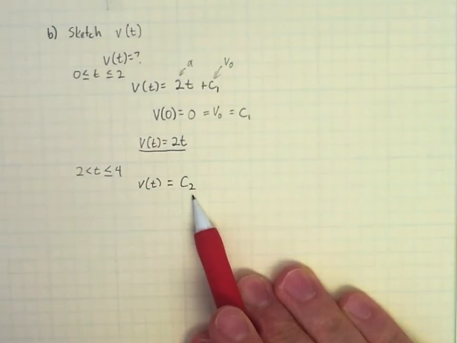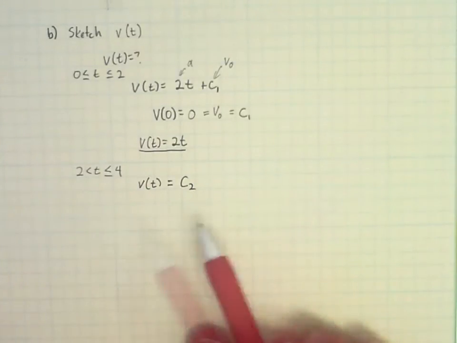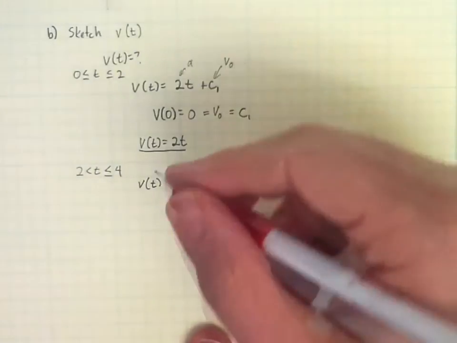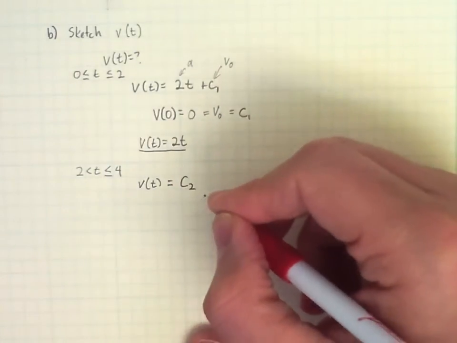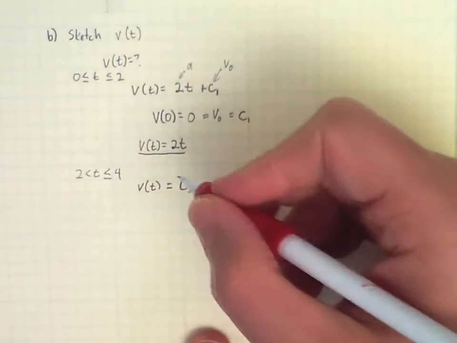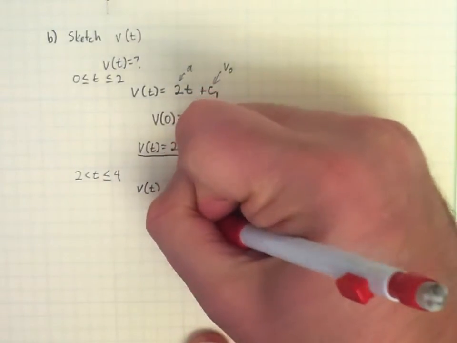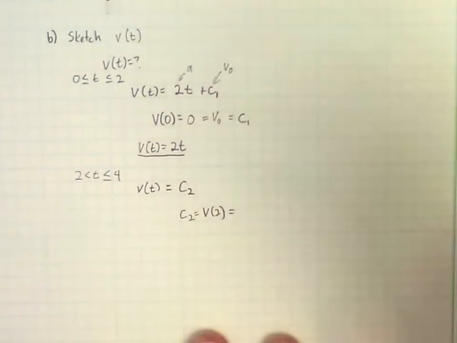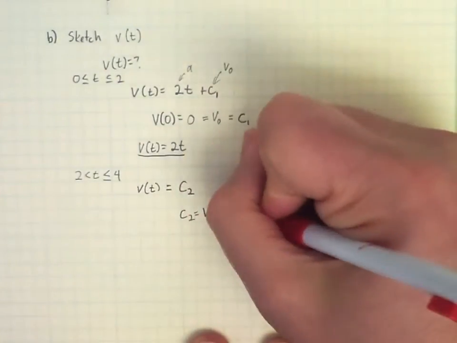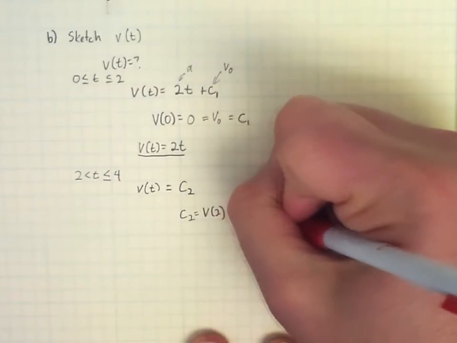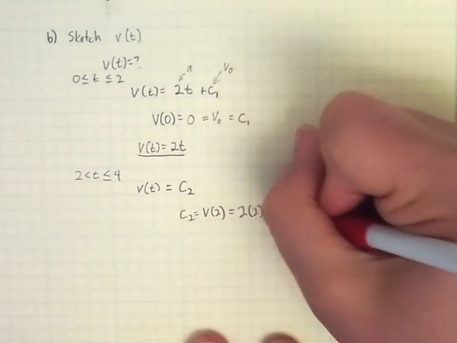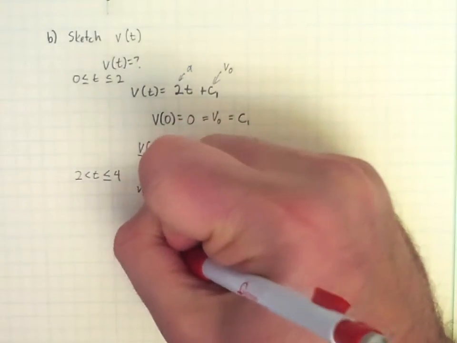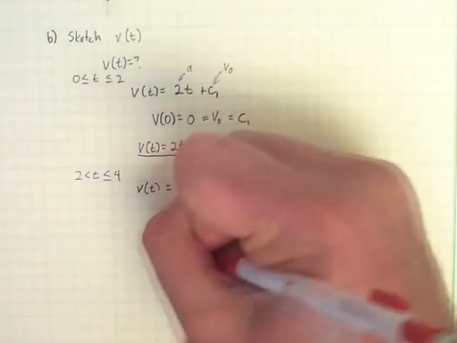What is that constant? Well, if it's not changing once it gets there, it has to be whatever it was when we started this stretch. So c2 is equal to the velocity at 2, which is 2 times 2, and it's 4. So during this stretch, v of t equals 4.